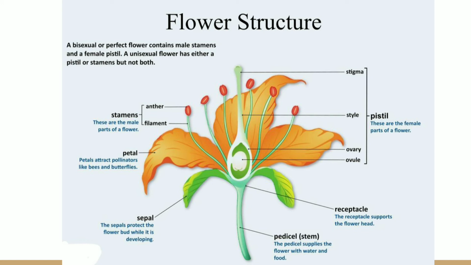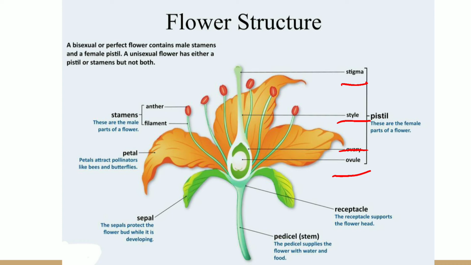Now, inner to the androecium, the last floral whorl which is present is called gynoecium, which consists of pistil or carpels. In a flower there may be a single pistil or carpel present, or there may be more than one. Carpel further consists of stigma, style, ovary, and inside the ovary ovules are present.